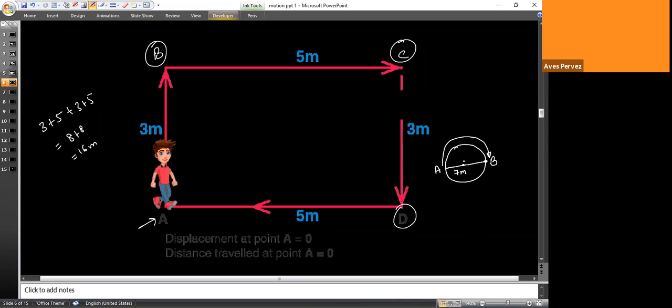So what is his actual displacement? Does anyone know? If a person starts traveling from point A along this path and reaches point B, what is his net displacement?